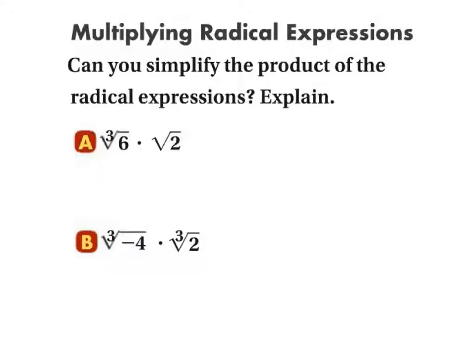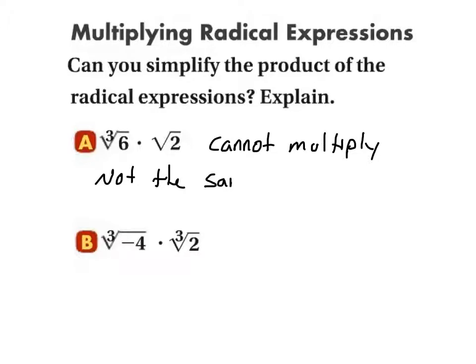So we cannot multiply, because it doesn't have the same index. Now, the second part, part B, we can multiply those.